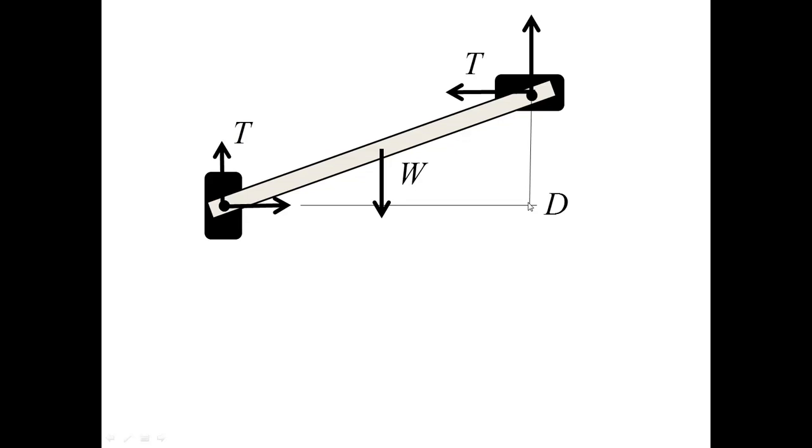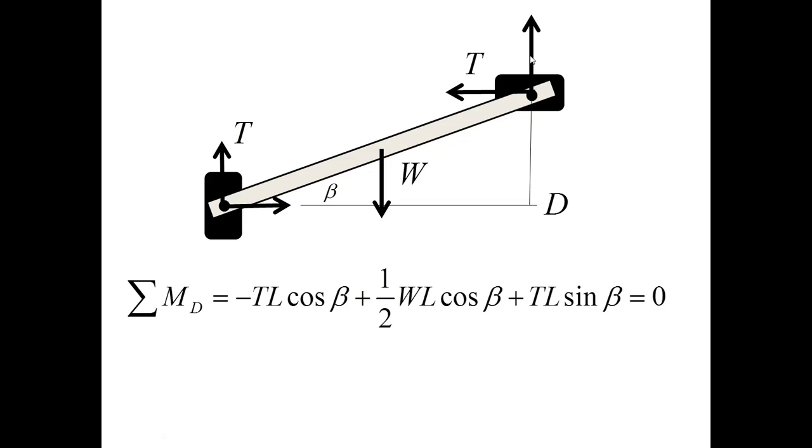The intersection of these lines is D, and I would like to write down some of the moments about D. The reason I choose this point is because this force and this force are not engaged, and therefore the sum of the moments reads the following.